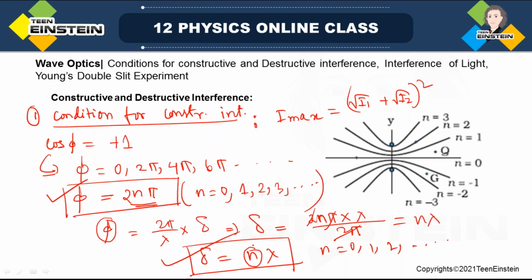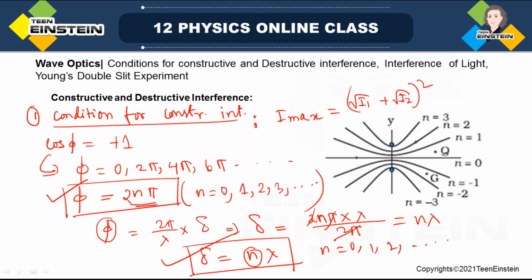Okay, so here we can write, hence the resultant intensity at any point is maximum when the phase difference between two superposing waves is an even multiple of pi, as you can see, 2n pi, or the path difference is an integral multiple of wavelength. This is the condition for constructive interference.